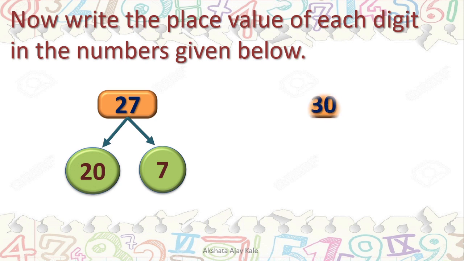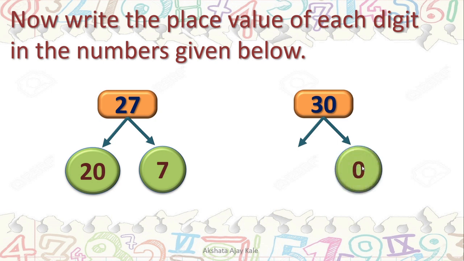Okay, one more. Now here the number is 30, and 0 is in unit place and 3 in tens place. So 0 multiplied by 1, that is nothing but 0, right? 0 multiplied by any number is 0, and 3 is in tens place, so the value of 3 is 30, right?